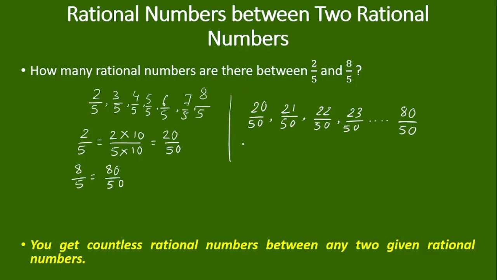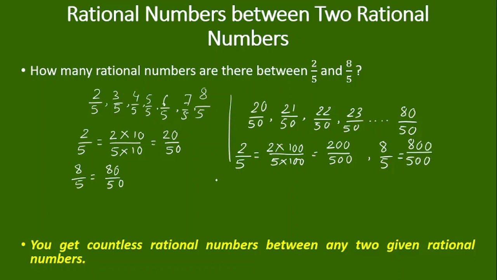Now again, let's see another thing. 2 upon 5 can also be written as 2 into 100 divided by 5 into 100. So this can be written as 200 by 500. I can write it like this also: 2 upon 5 is equal to 200 upon 500. Similarly, 8 upon 5 will be equal to 800 upon 500.